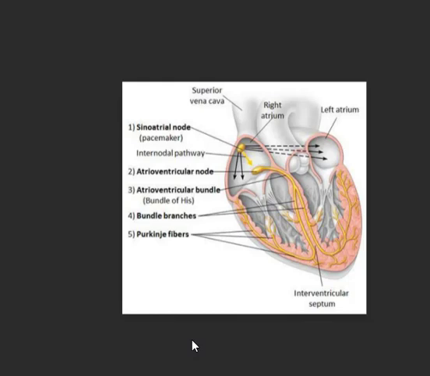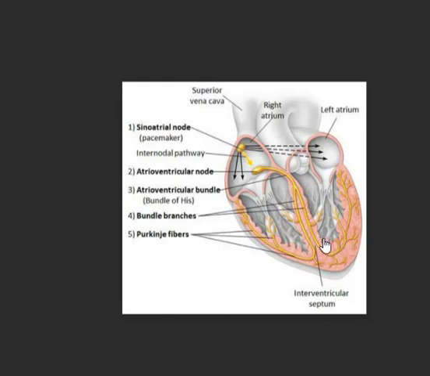This is another artist representation showing it. So there's your SA node, sinoatrial node, which is the main pacemaker. And there's your AV node, or atrioventricular node, right there. The bundle of His going down into the interventricular septum.